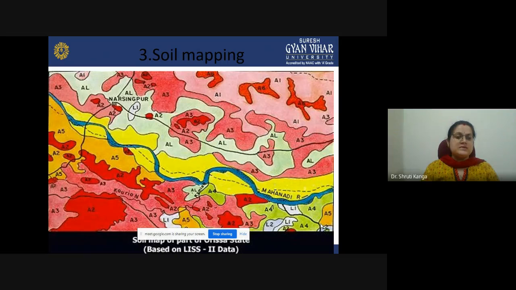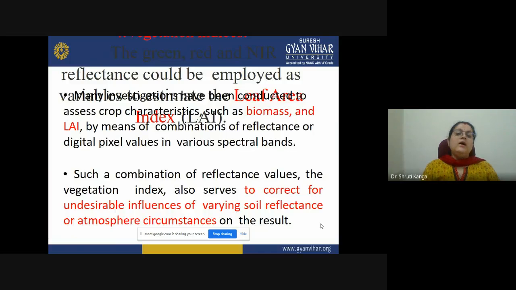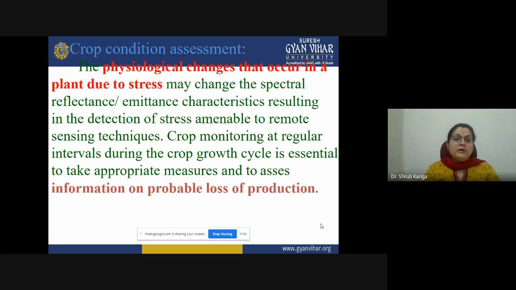Then we also discussed soil mapping. The green, red and NIR reflectance could be employed for calculating different indices like leaf area index, biomass estimation, etc. Then crop condition assessment, whether they are healthy crops or moderately doing crops.